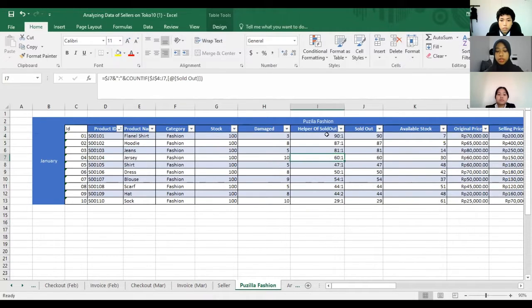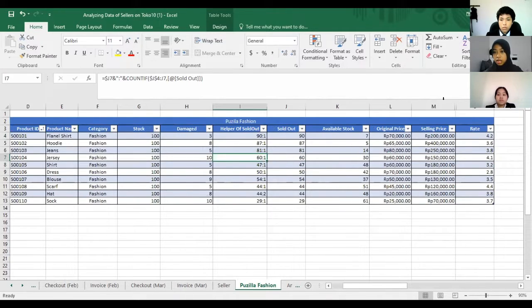This helper column is useful for identifying and differentiating data similarities in one table. Then the sold out column. In this column, using the SUMIF, or it can also use a 3D reference formula that refers to the sold out and red product table in the sold out column. Then available stock, original price, and selling price.